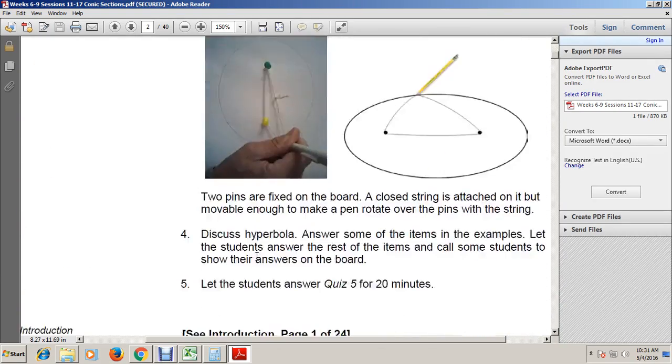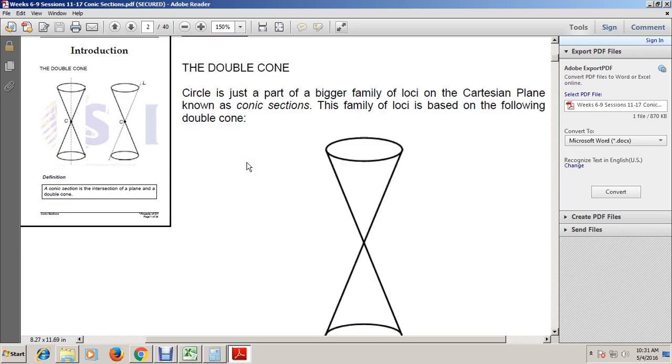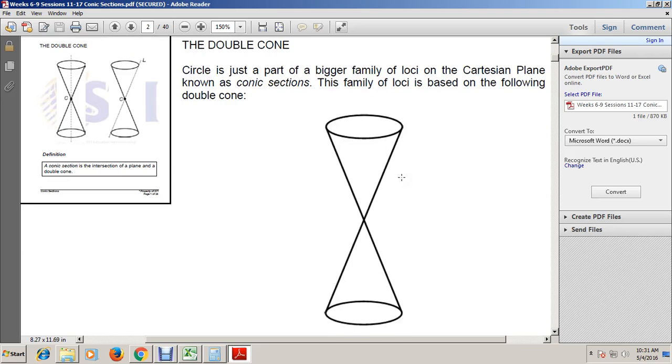Okay, so to discuss the conic section, let me introduce to you the idea of a double cone. From the word conic section, the root word for the word conic refers to a cone, just like an ice cream cone. So what you see here is a double cone that is drawn end to end at the tip of each of the cone.